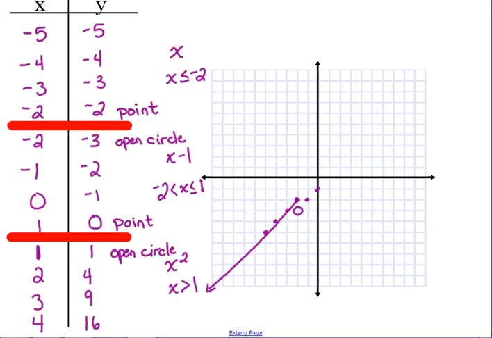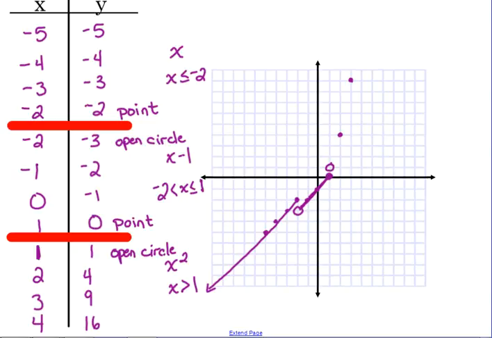Negative 1, negative 2, 0, negative 1, 1, 0 is a point. There are no arrows on this middle piece because we're just between negative 2 and 1. And then 1, 1 gets an open circle. 2, 4, 3, 9. That's as far as we can go on our graph.